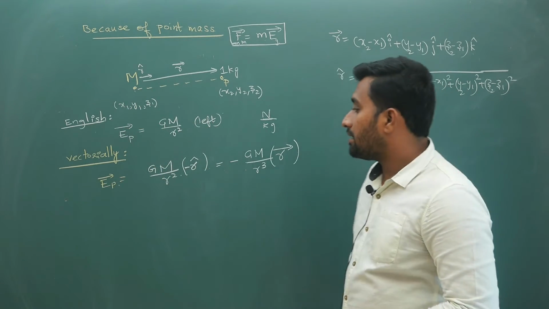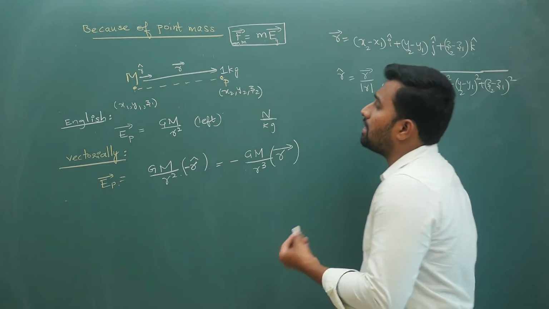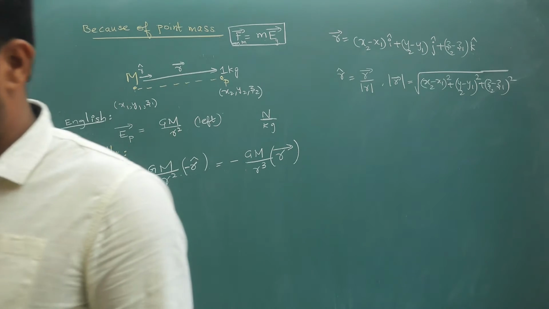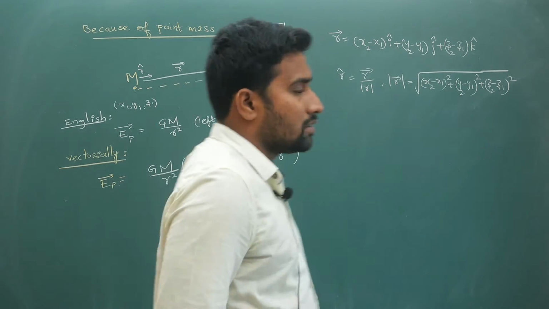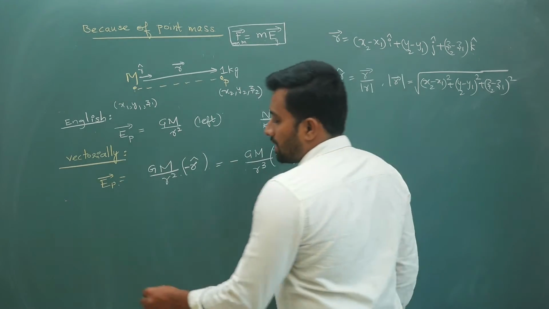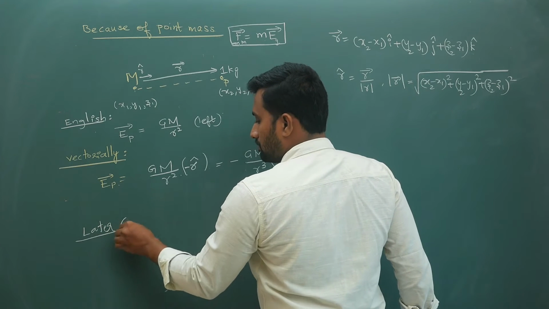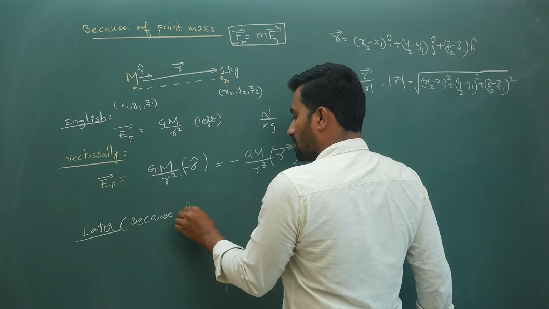Like this you will be able to give the gravitational field because of a point mass. Because of continuous masses, what is to be done I will explain later, but first hope you have understood this.